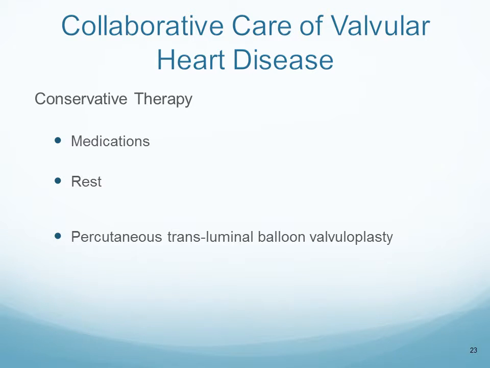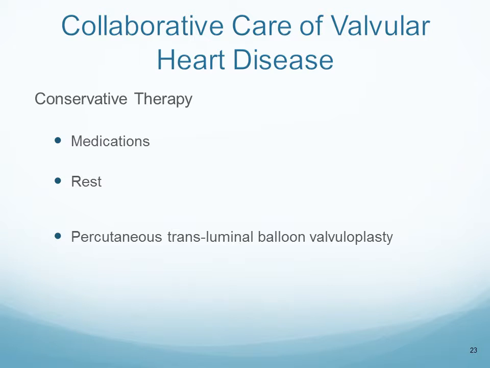Okay, so interventions, medications. Well, we're going to see a lot of the same medications used to treat valvular disease when the patient becomes symptomatic as we use with heart failure. So we'll see ACE inhibitors, we'll see beta blockers.